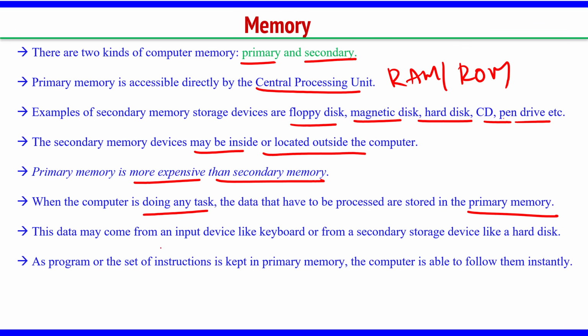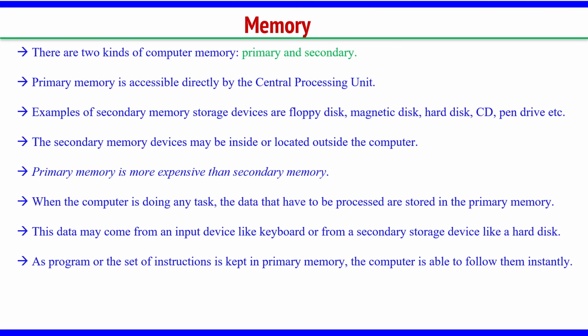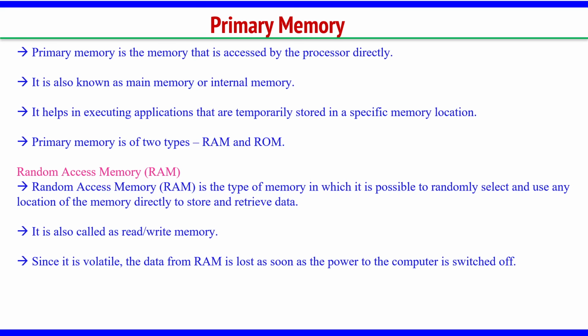The data may come from an input device like keyboard or from a secondary storage like hard disk. Whenever data is coming, it is stored into primary memory and then processed. As the program or set of instructions is kept in primary memory, the computer is able to follow them instantly. So primary memory is important and more expensive than secondary memory.